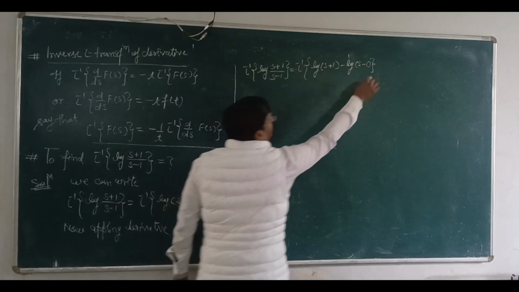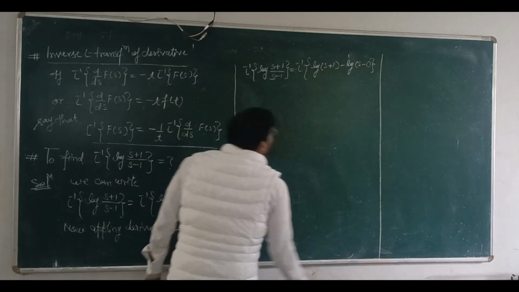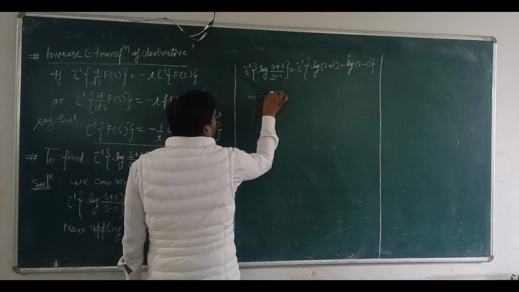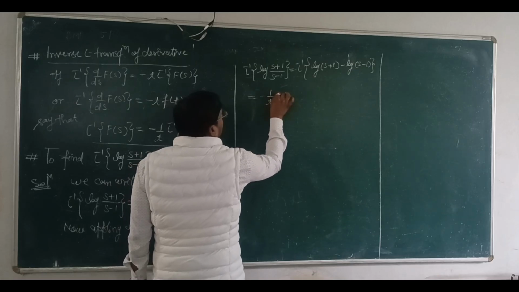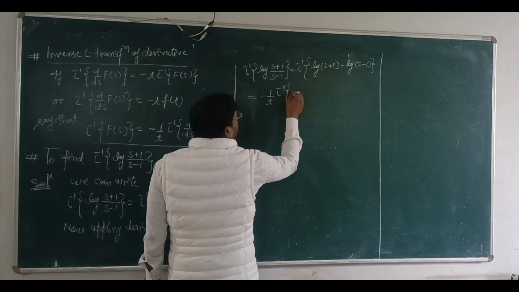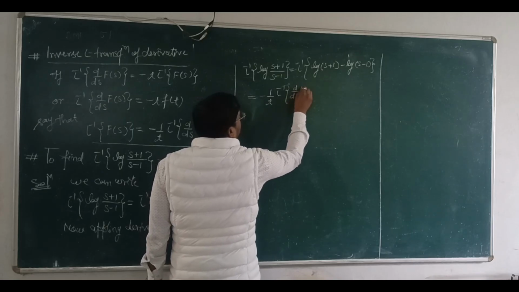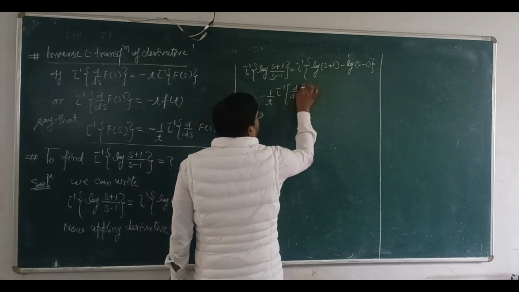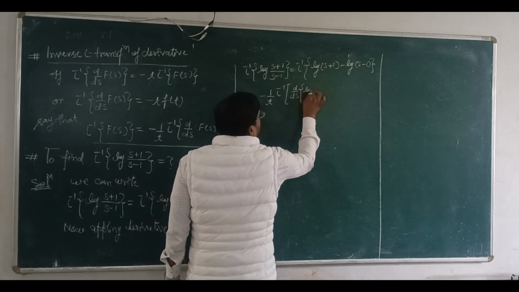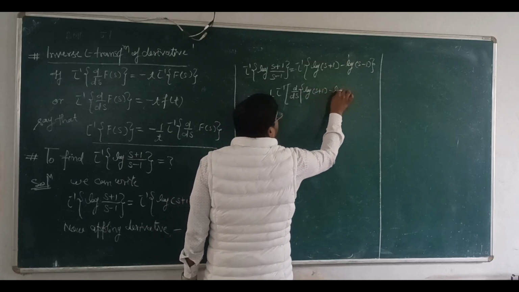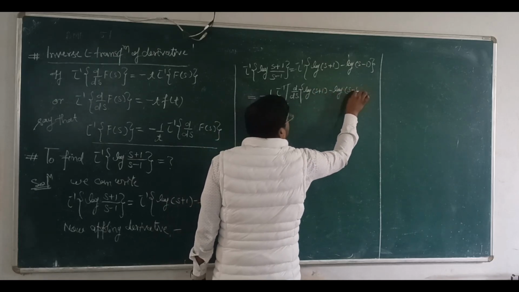Now this is equal to minus 1 upon t L inverse of d upon ds, sorry, of log (s plus 1) minus log (s minus 1).